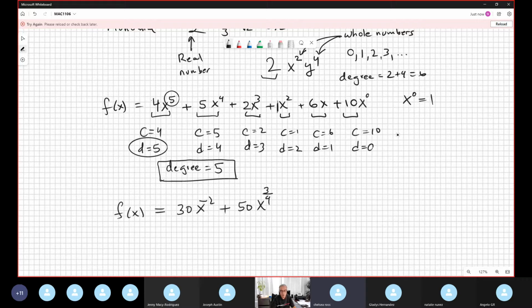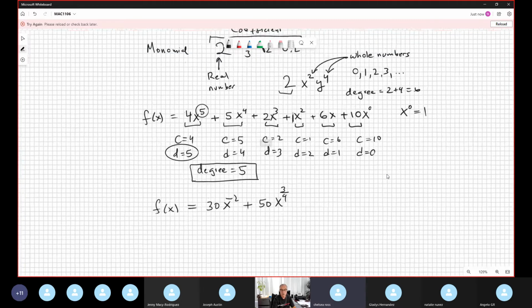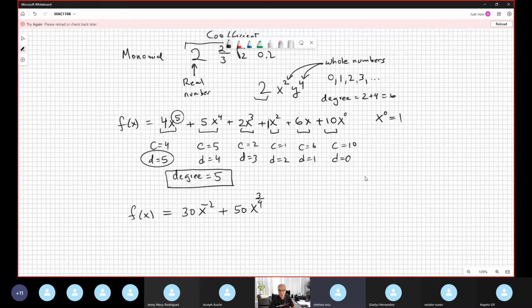This is not a polynomial, because the definition of a polynomial requires the exponents to be whole numbers. No fractions, no negative numbers, 0 is possible. 1, 2, 3, 4, 5, 6, 7, whatever. Not a polynomial.